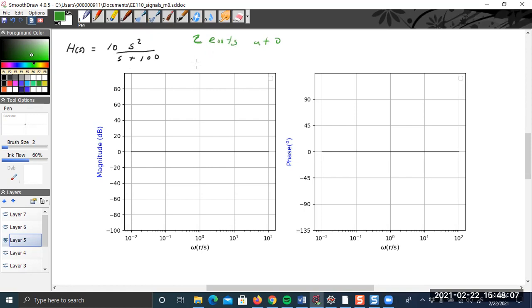And then I have a pole at minus 100. So when I am going to plot this function, right, I have one pole and two, oh, that should be squared. I have a repeated pole at 100, and I have a repeated 0 at 0.